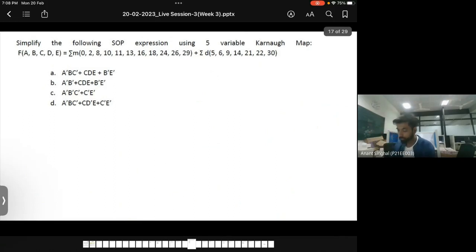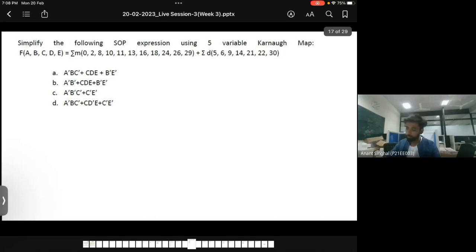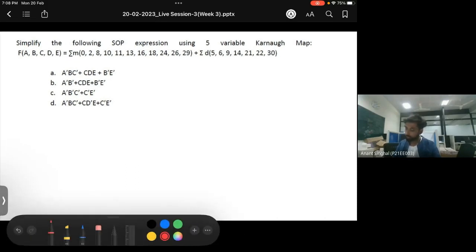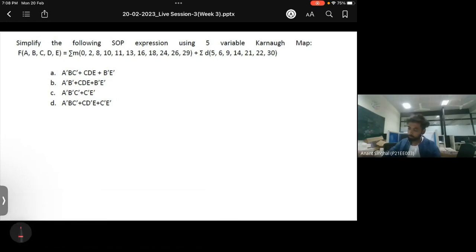Again, this is a five variable question, so you can take maybe more than 5 minutes to solve this because it is a bit tricky. I'll wait for 5 minutes now. Please try to solve, everyone. And I want everyone to respond, not only two, three people. Please try to respond.